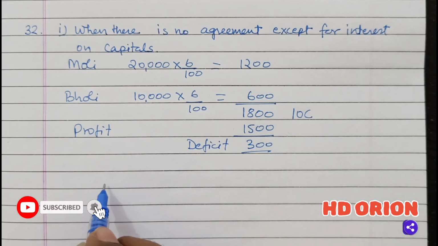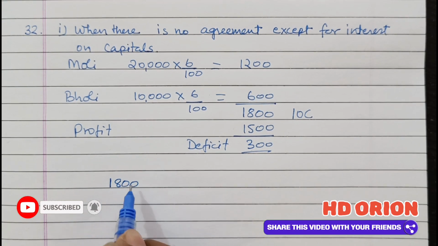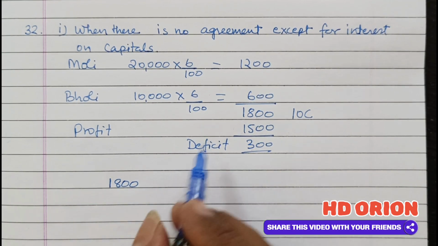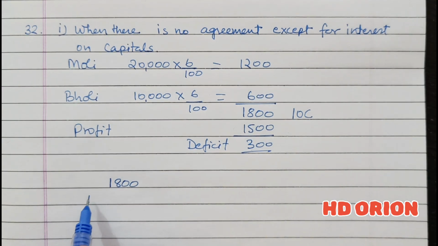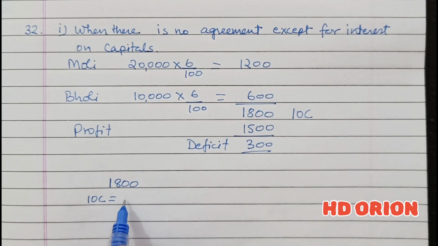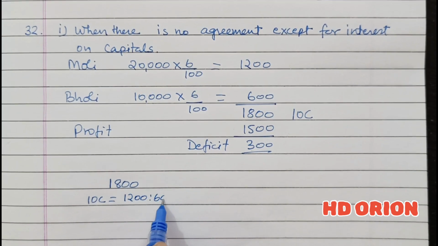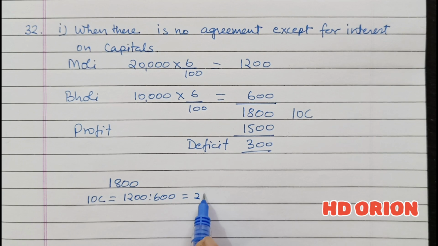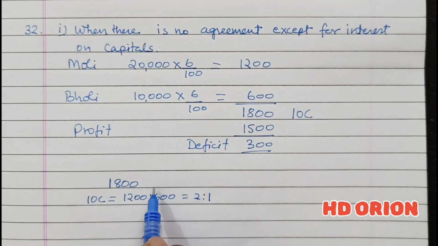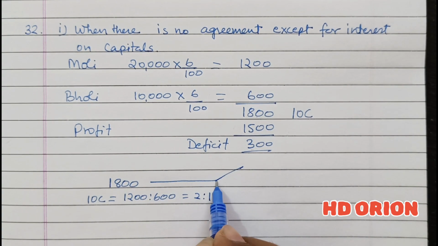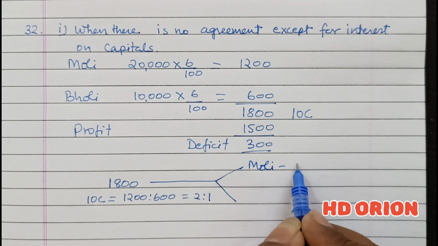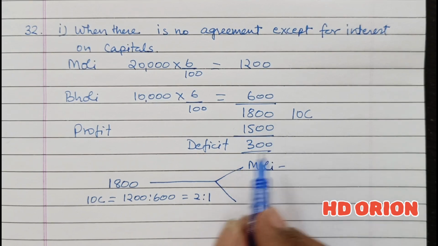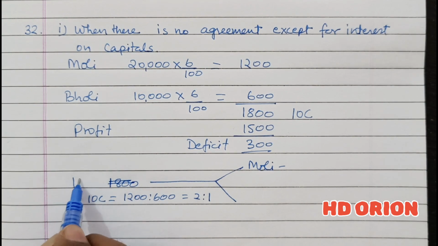So what will we do? We will divide this 1800 between the partners in their interest on capital ratio. Which ratio? Interest on capital ratio, which is 1200 is to 600. It means it is 2:1. If you cancel this and reduce it, you will get 2:1. So this 1800 will be given to Molly, not 1800, 1500, because our profit is how much? 1500.